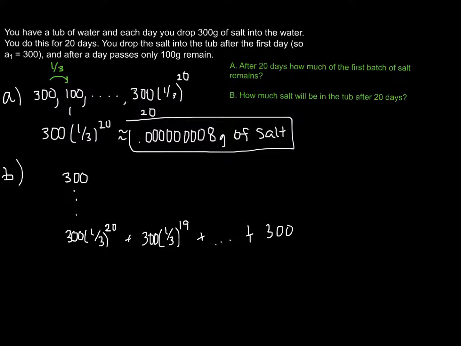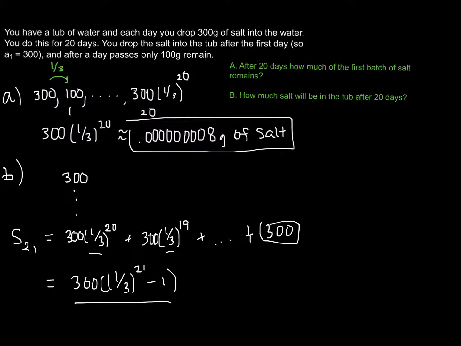And this is nothing more than a partial sum of the first 21 terms, where the initial value is 300 and my common ratio is 1/3. So to solve this, it'll be 300 times 1/3 to the 21st power minus 1, all divided by 1/3 minus 1.